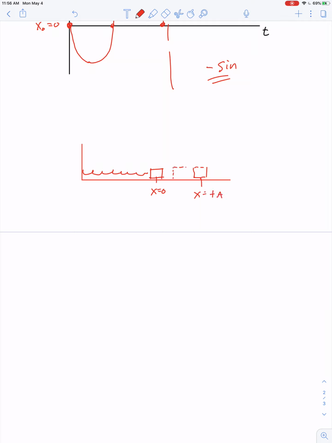I'm interested in the forces that are acting when it gets here. Now, that's not x equals 0. That's not x equals a. This is just x equals x. So this is just one of these random positions that's bound, something less than positive a and something greater than negative a.